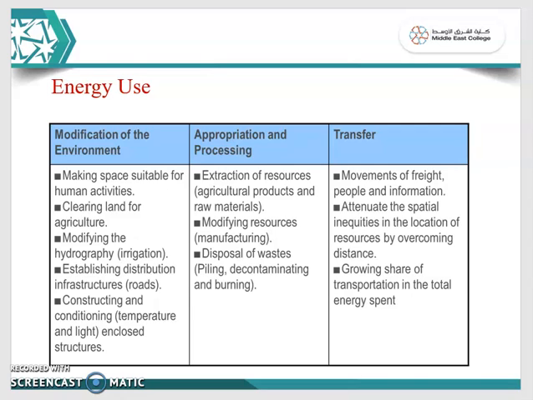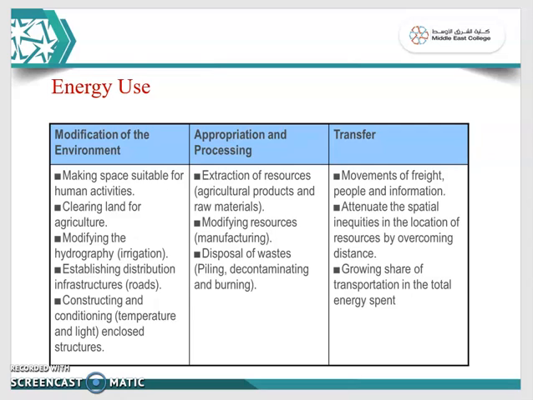Modification of the environment: we have had many modifications during this era, like making space suitable for human activities, clearing land for agriculture, modifying the hydrography, establishing and distributing infrastructures, and constructing and conditioning enclosed structures.